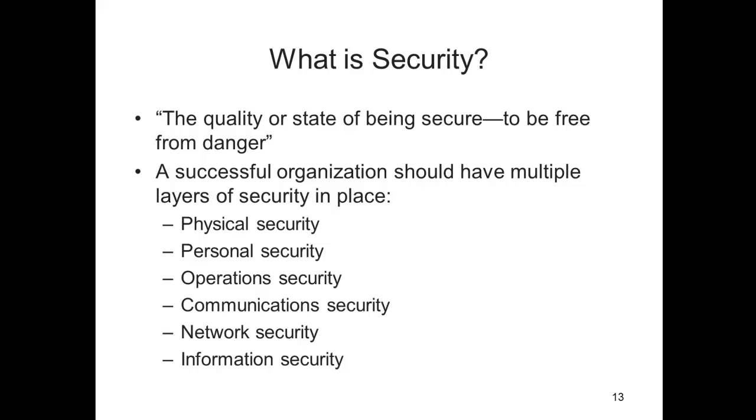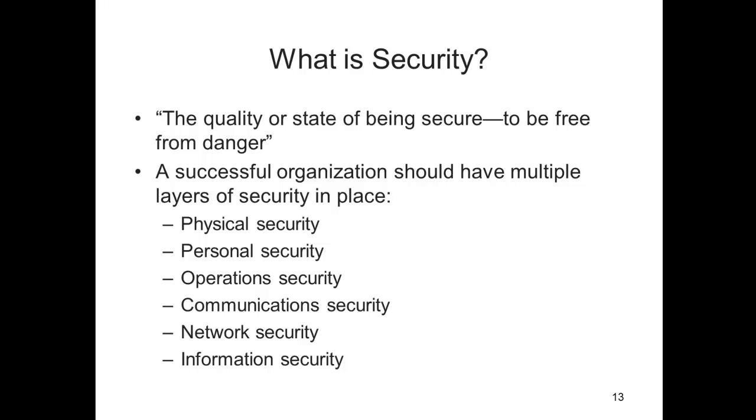When we look at information security, we have to take into consideration all of these levels. Physical security protects the physical items, objects, and areas of an organization from unauthorized access and misuse. Personal security is the protection of the individuals or groups of individuals who are authorized to access the organization and its operations.